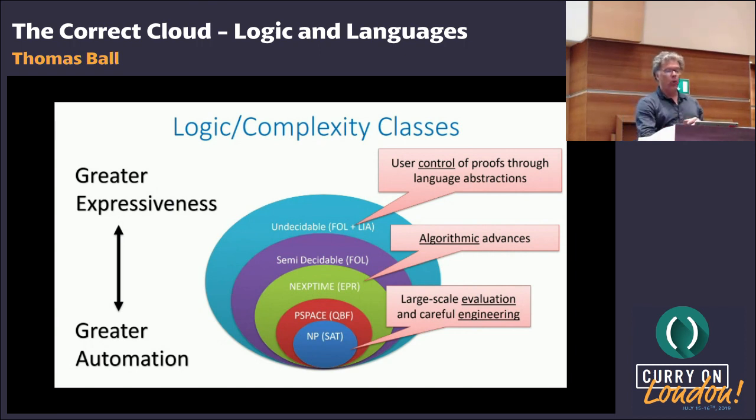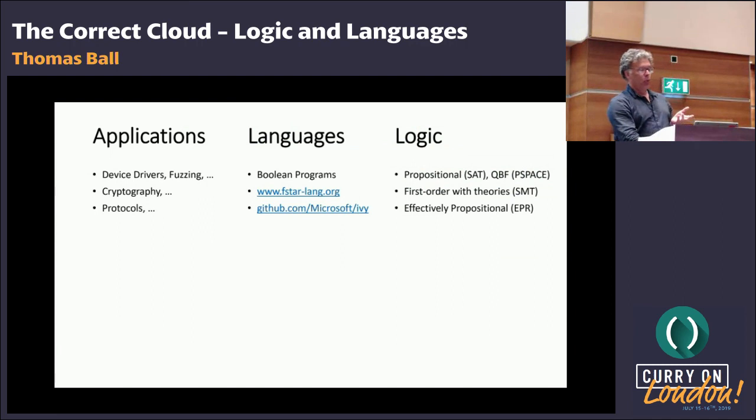So today I'm going to walk you through 3 examples. We're going to start with relatively simple logics, propositional, quantified Boolean formula characterizing SAT and PSPACE. We're going to talk about Boolean programs and how they were used to model device drivers and do automated verification.